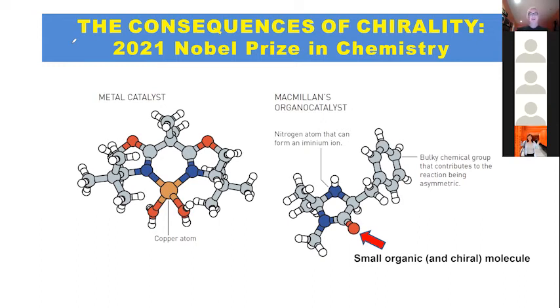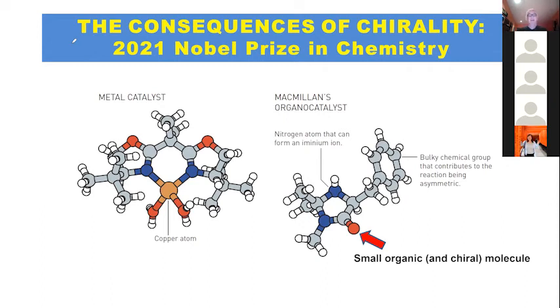But metals aren't chiral. And so you would make both enantiomers, both mirror images of the molecule. And one of them is useful and the other one is useless. And it's really hard to separate them because chemically, I mean, they're identical, right? For all intents and purposes. So trying to separate them from each other is really hard.